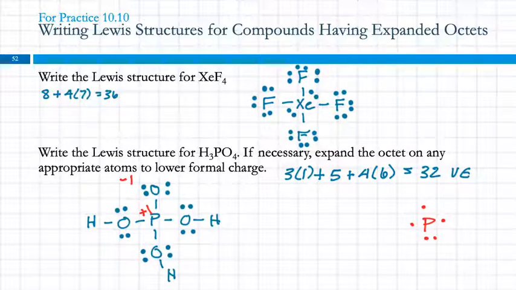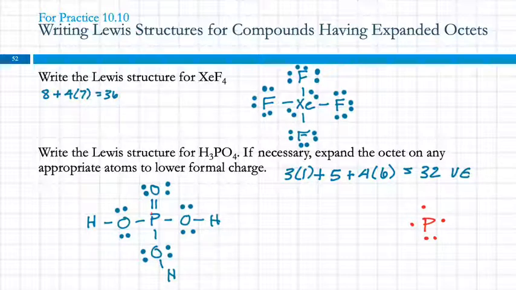I'm going to shift a lone pair from the oxygen to become a bonding pair. Oxygen still has its octet. But now when we look at formal charges, it's only going to take half of those: 1, 2, 3, 4, 5, 6. It came with 6, and so it's got a 0 formal charge. The phosphorus brought 5 electrons in, and it would leave with 5, and so it also has a 0 formal charge. So by expanding phosphorus's octet, we can get 0 formal charges.